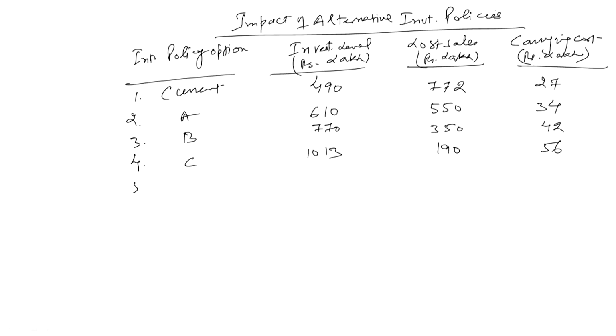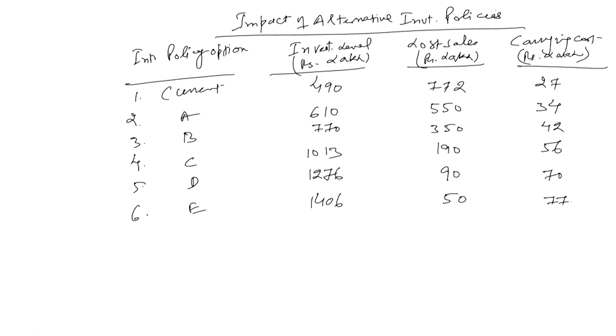Then they go from C to D. Here investment in the inventory will go up to 1276 lakhs and lost sales will seriously come down to 90 lakhs, but the carrying cost will go up to 70 lakhs. And in the last case E, it was 1406, lost sales are 50 and the carrying cost will be 77 lakhs.